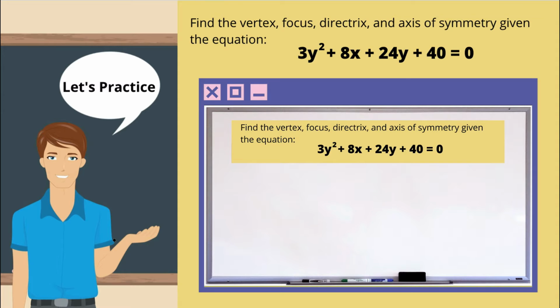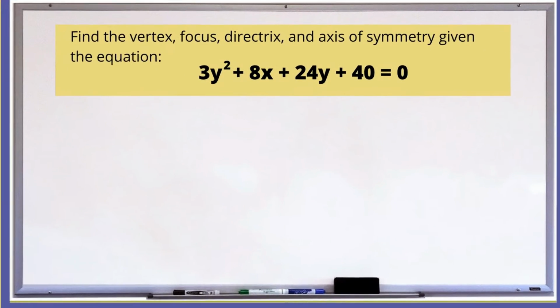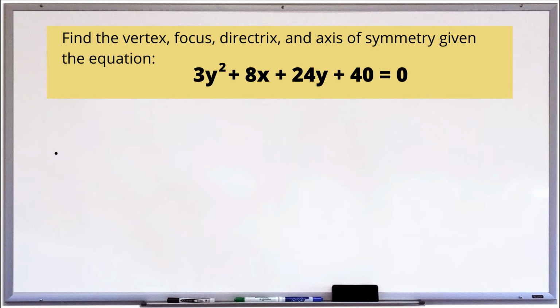Find the vertex, focus, directrix, and axis of symmetry given the equation 3y squared plus 8x plus 24y plus 40 equals 0. Again, this is an equation in general form, so we must express it in standard form first.